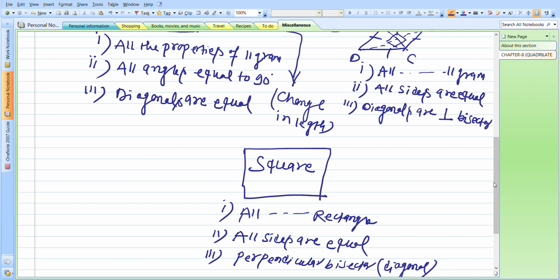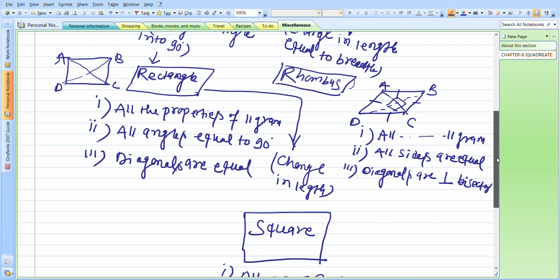If you want to find the square from the rhombus, there is another technique. You have to change the angle.